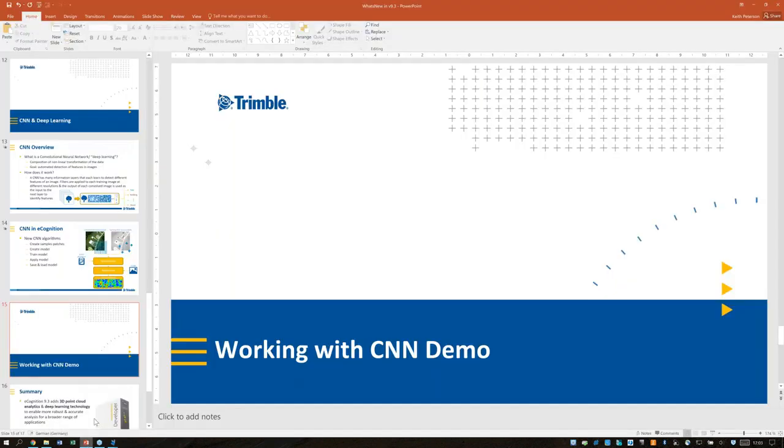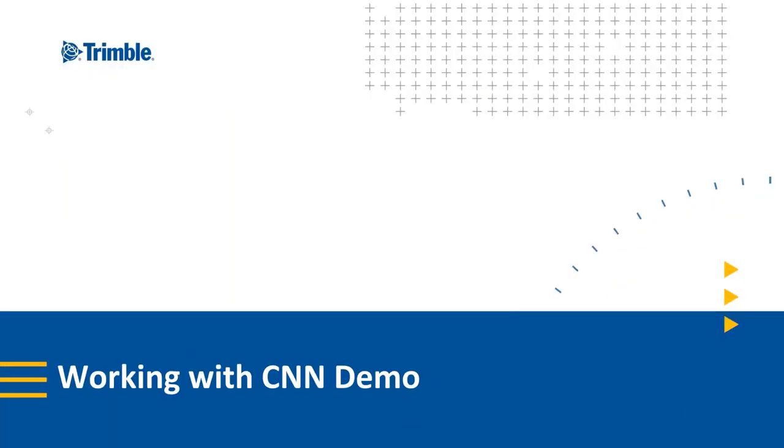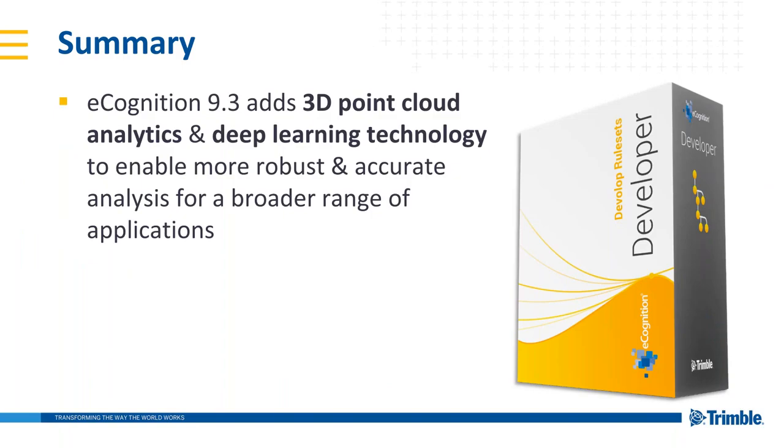So we can go back into the presentation. That wraps up our demonstration of working with convolutional neural networks in eCognition, and it brings us to the end of our webinar.